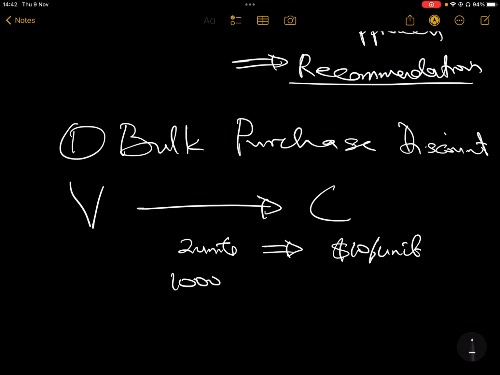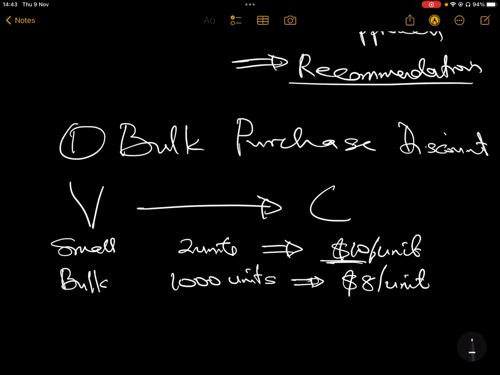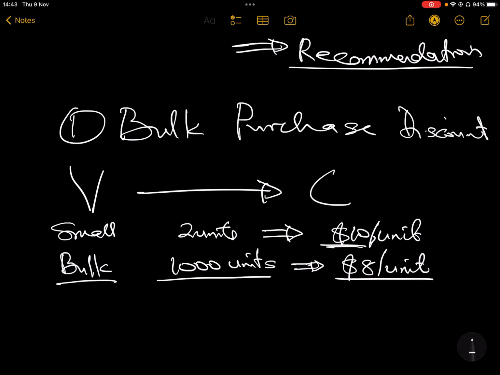Or if you can buy 1,000 units at a time, per order, I will sell to you at $8 per unit. So invariably, he's saying that if you buy a small quantity, it's going to be expensive at $10. But if you buy 1,000 units in one order, I will sell at $8, which means invariably this guy is giving you a 20% discount for buying in bulk. So this is about a 20% discount being given.